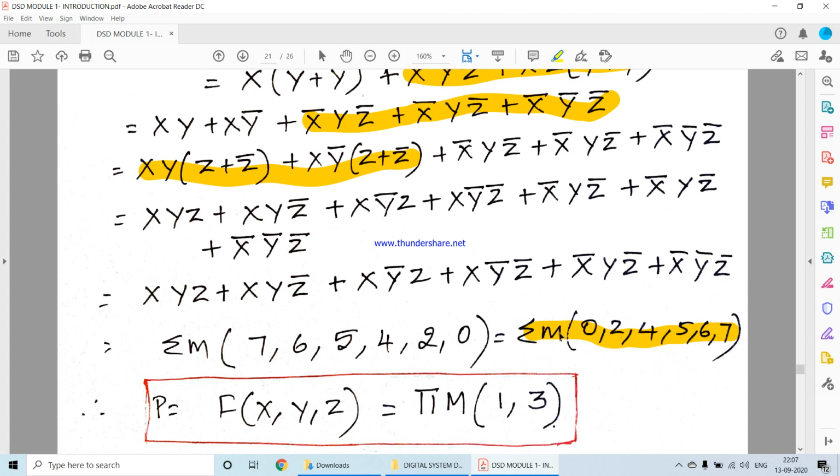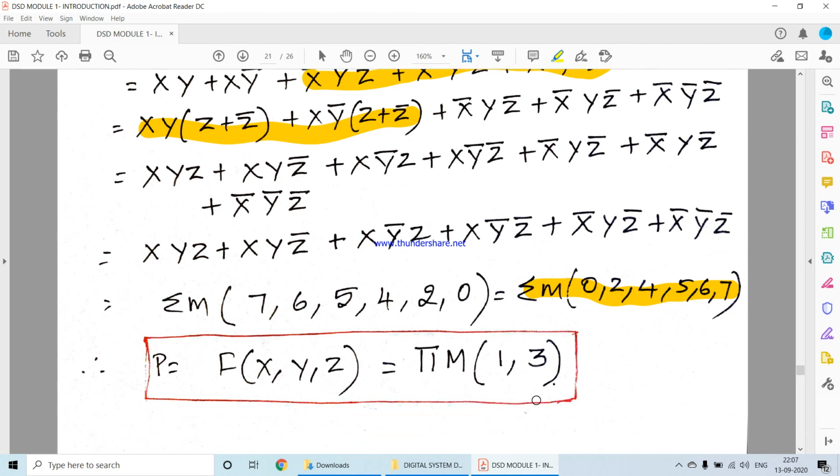So summation m of 0, 2, 4, 5, 6, 7, I don't have 1 and 3 here, therefore those come inside the bracket of the max term. So I'll write pi m of 1 comma 3. This is converted into max term by taking the entries which are not present here. So pi m of 1 comma 3.